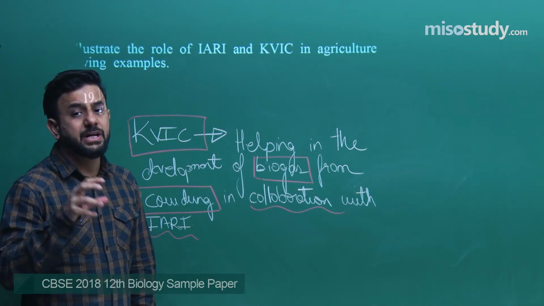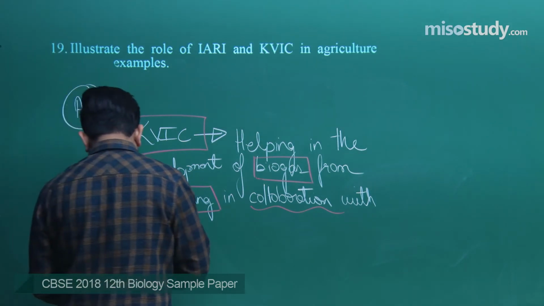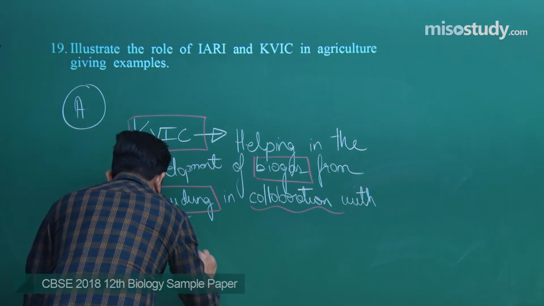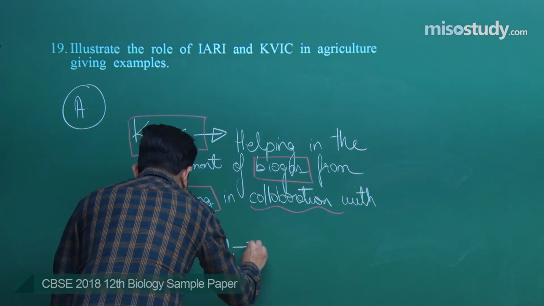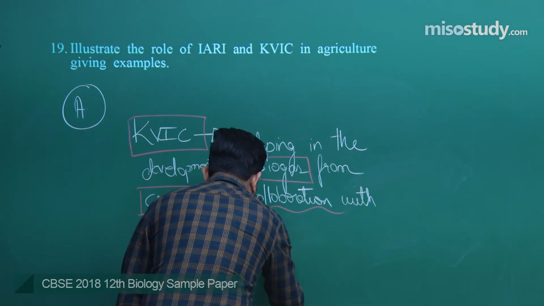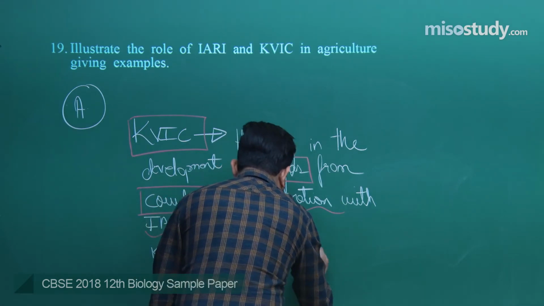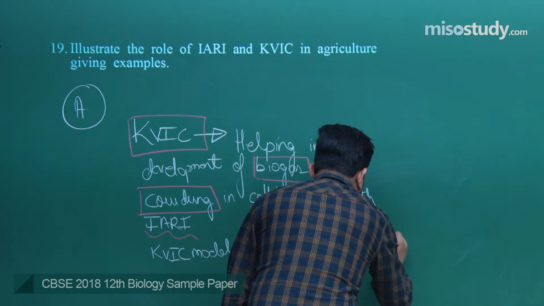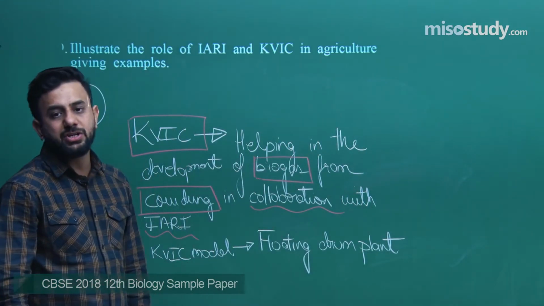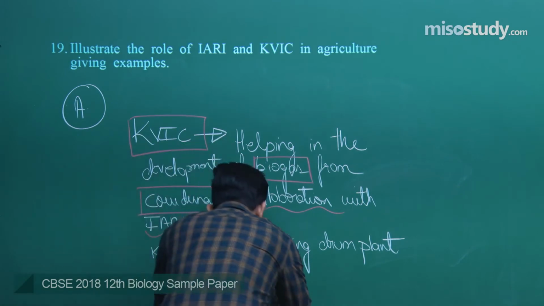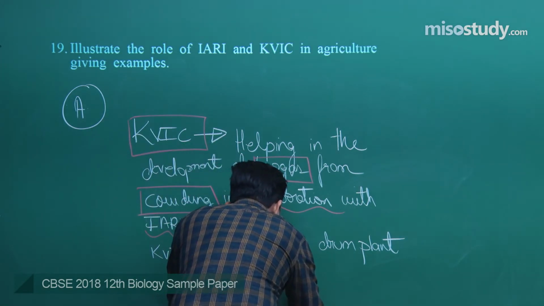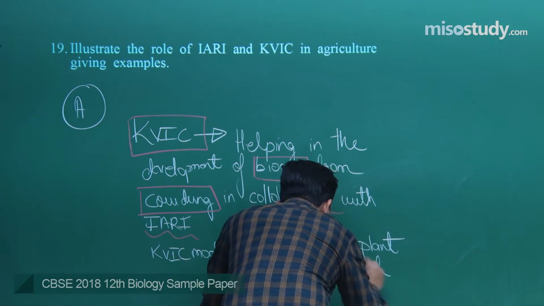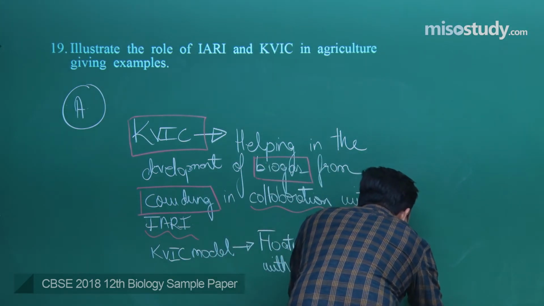So I'll write this here: the KVIC model is a floating drum plant with a cylindrical digester.